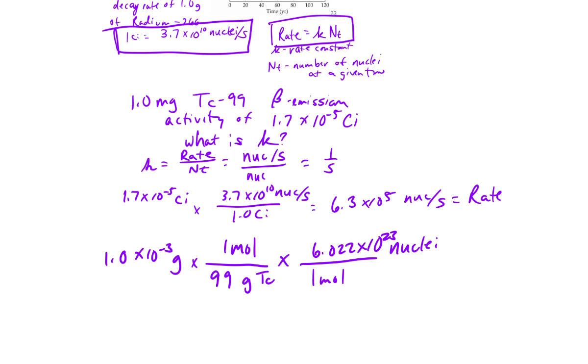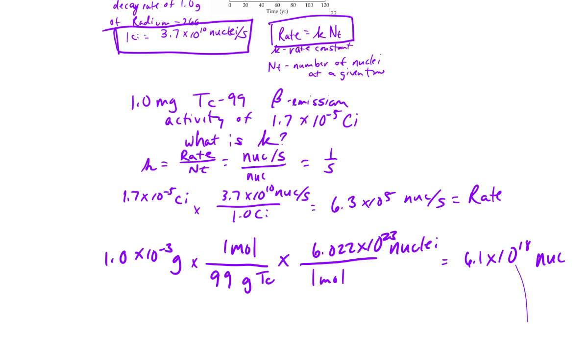Typically, we've done that with atoms, right? But for every 1 atom, there's 1 nuclei, so it's the same number. All right, so multiplying all of that out, we're going to get 6.1 times 10 to the 18 nuclei.